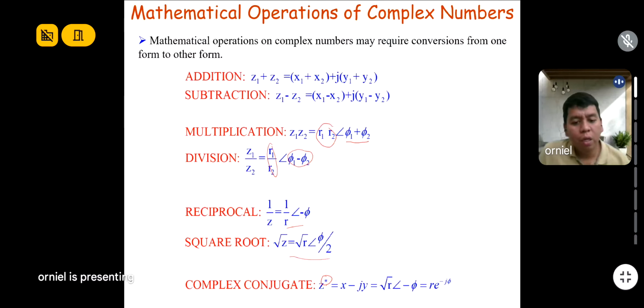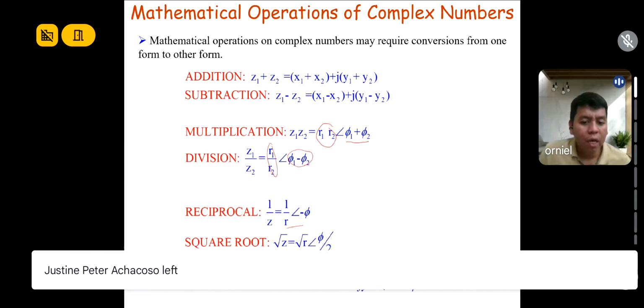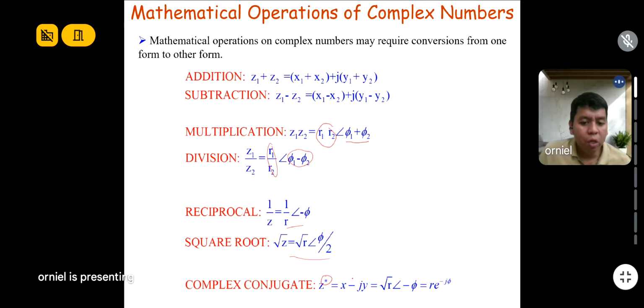If this is negative, once it is conjugate it becomes positive, or vice versa. If this is X plus JY, it becomes X negative JY. That's the purpose of the conjugate.